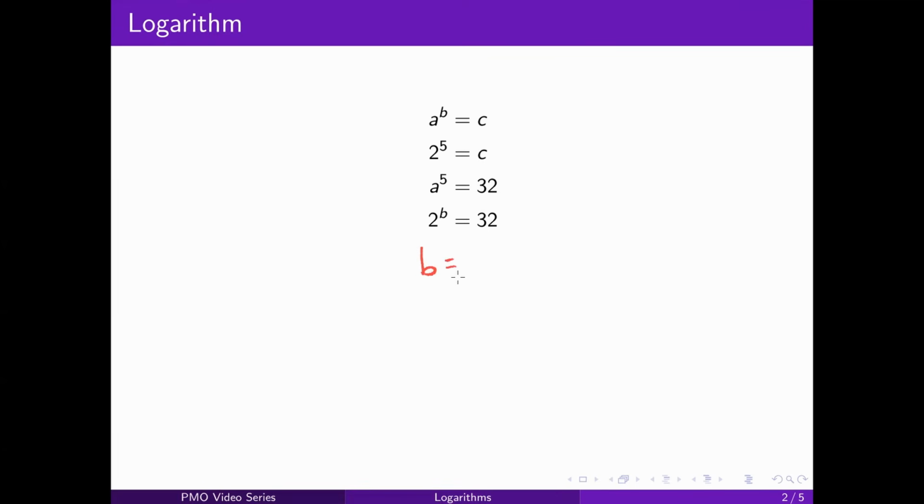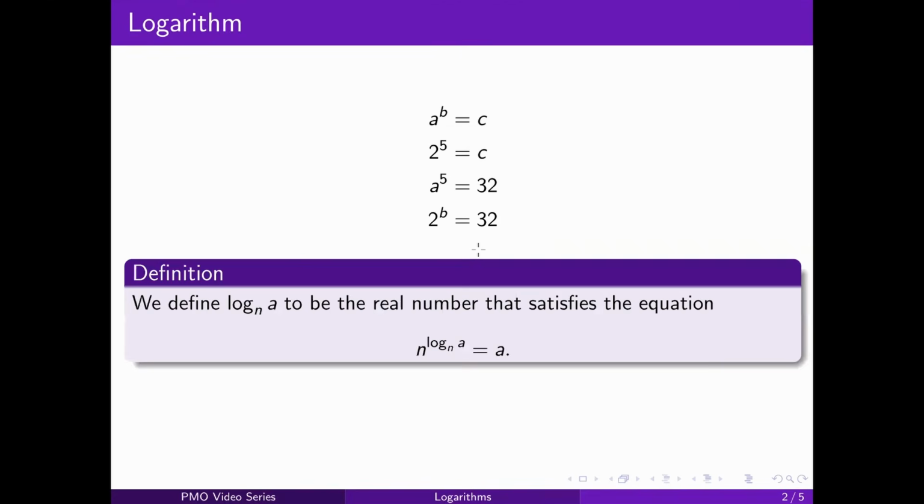The way the logarithm is defined is that b would be equal to logarithm of 32 base 2. So we use this notation to signify the exponent which we need, so that if you have a base of 2, you get a power of 32. Now, we can define the logarithm in a more general sense by replacing the 2 and the 32 with the general variables a and n.